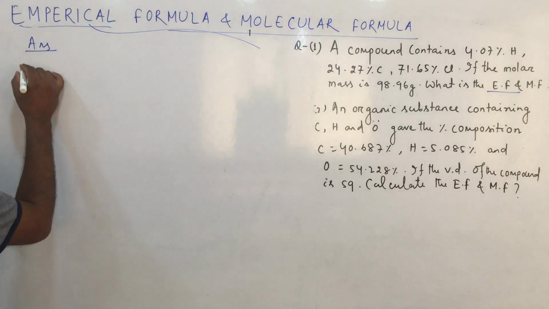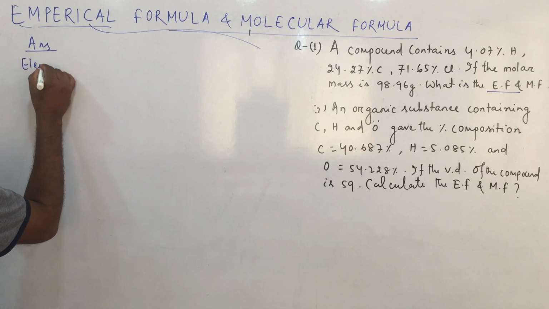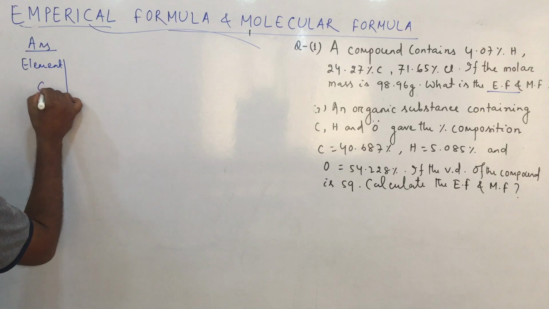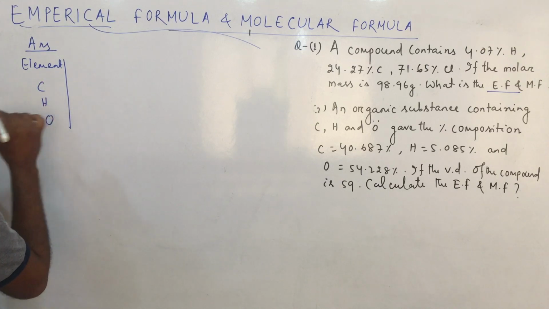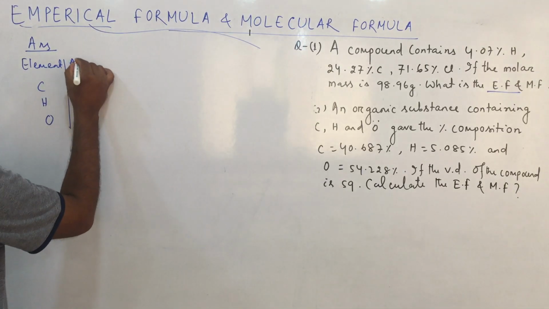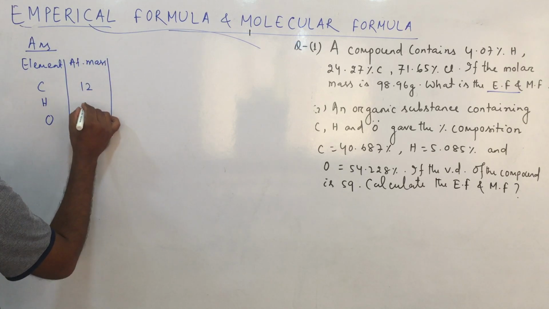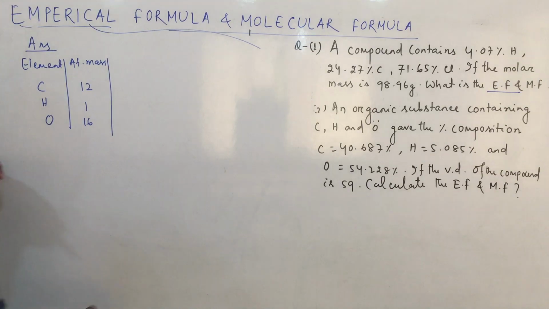So first, same as before, the element. How many elements? Carbon, hydrogen, oxygen. Then atomic mass: carbon 12, hydrogen 1, oxygen 16.